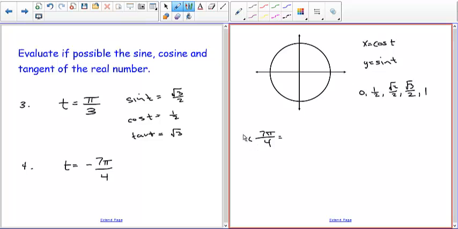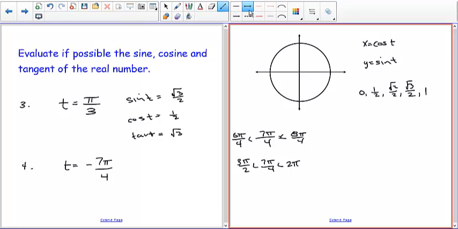So the 7 pi over 4 is greater than 6 pi over 4, and it's less than 8 pi over 4. Well, 6 pi over 4 is 3 pi over 2, and 8 pi over 4 is 2 pi. So we see it's in the fourth quadrant. And because it's divided by 4, it's going to be right in the middle.